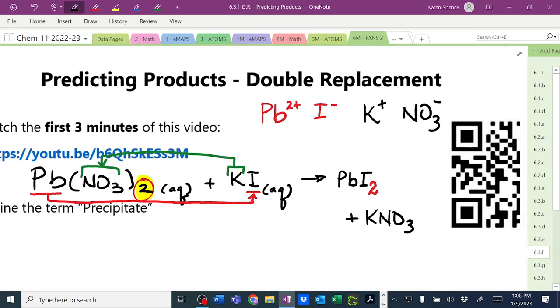If you memorized the ions that you know are always soluble, you would be able to tell me immediately that one of these two compounds is aqueous. See if you can tell your partner which of these two compounds in the products is aqueous. Which of those two compounds is aqueous?